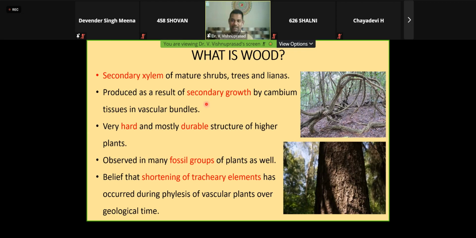It must have happened that initially the tracheary elements were longer, but conduction was not efficient. So over a period of time, across generations, the shortening took place. And now what we have is very efficient. So this is the ultimate process of evolution, which you can also find in the case of woody tissues.